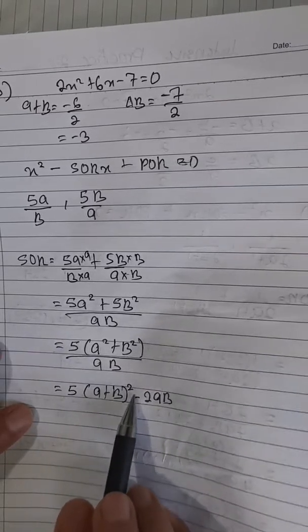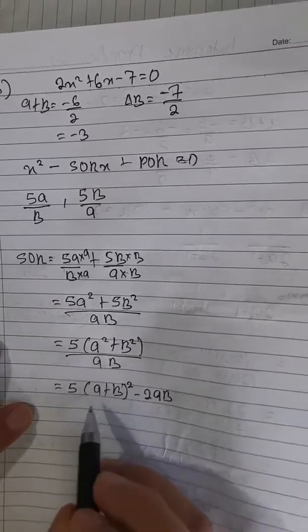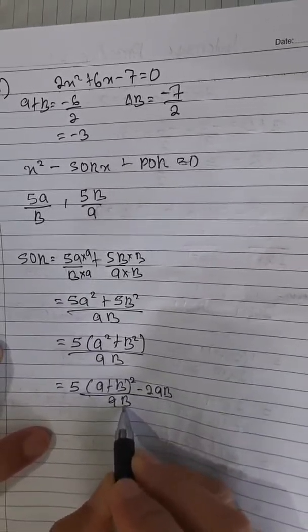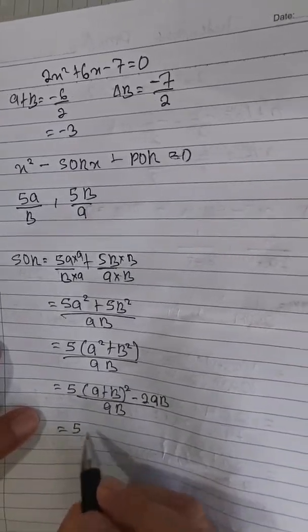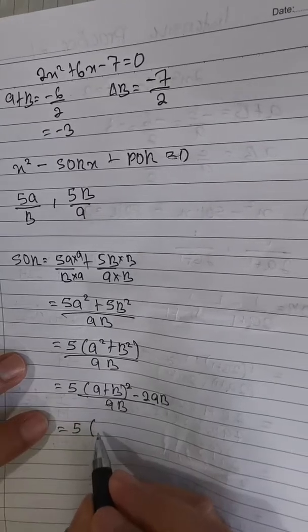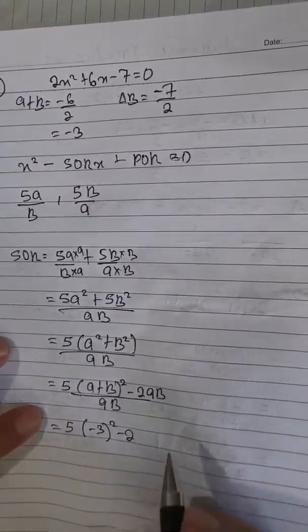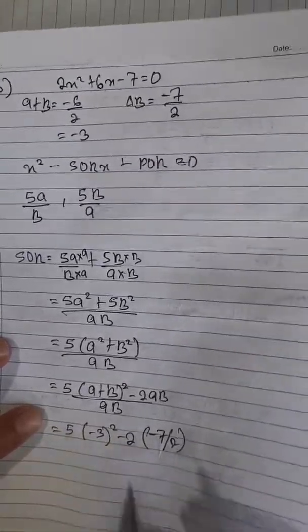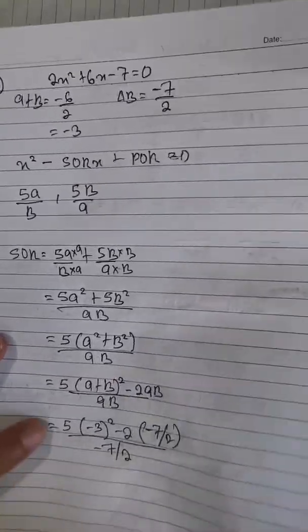This formula is not given, so you have to memorize it. So we already have alpha plus beta and alpha beta, and we have to replace them. The value will be negative 3 squared minus 2 times alpha beta, which is negative 7 over 2.